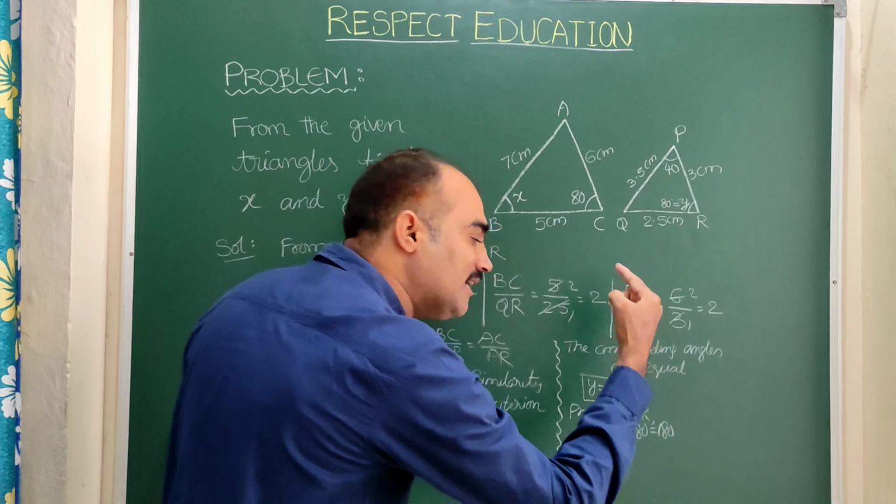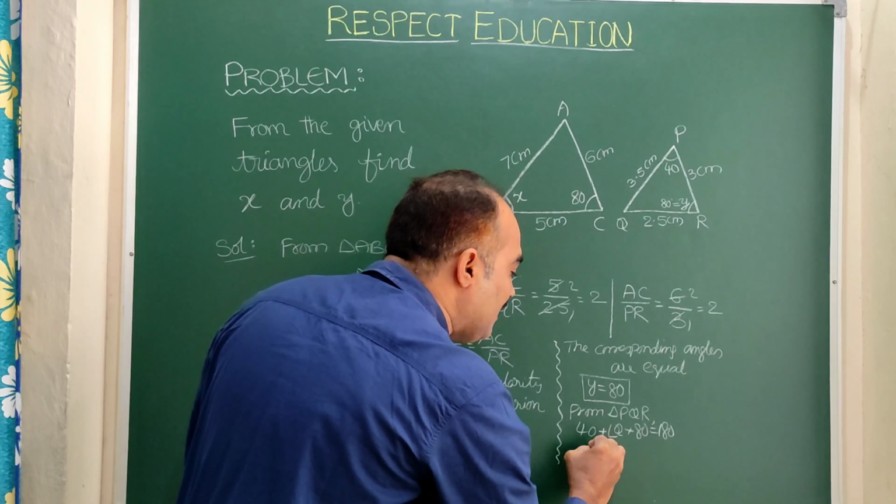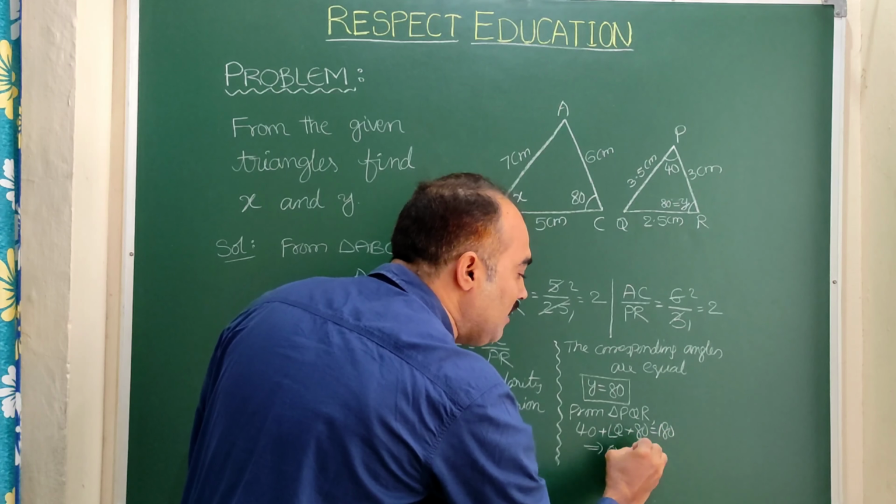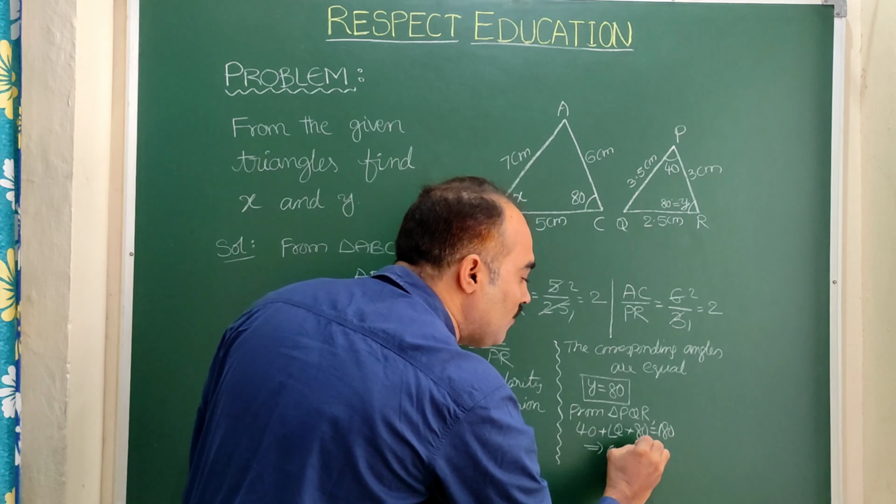Let us send 120 to that side. So angle Q will be 180 minus 120, that is 60 degrees. Here we get angle Q is equal to 60 degrees.